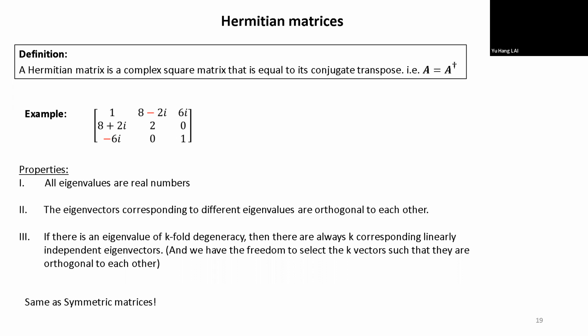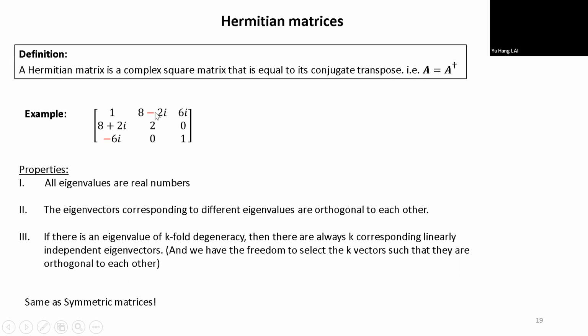This Hermitian matrix, as I said, is a generalization of the symmetric matrix to complex numbers. It has the same three very nice properties as symmetric matrices. First of all, all eigenvalues are real numbers. This is what we had for the symmetric matrix. It might sound a bit surprising at first sight, because now I have all these complex numbers.